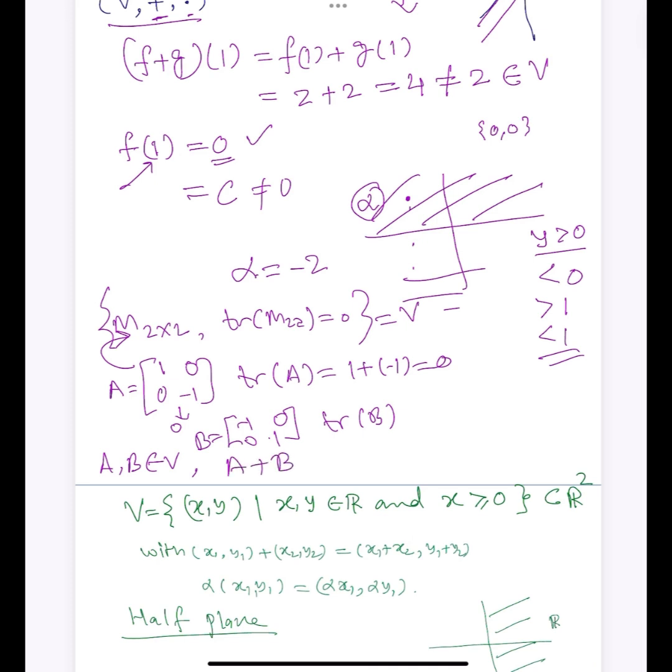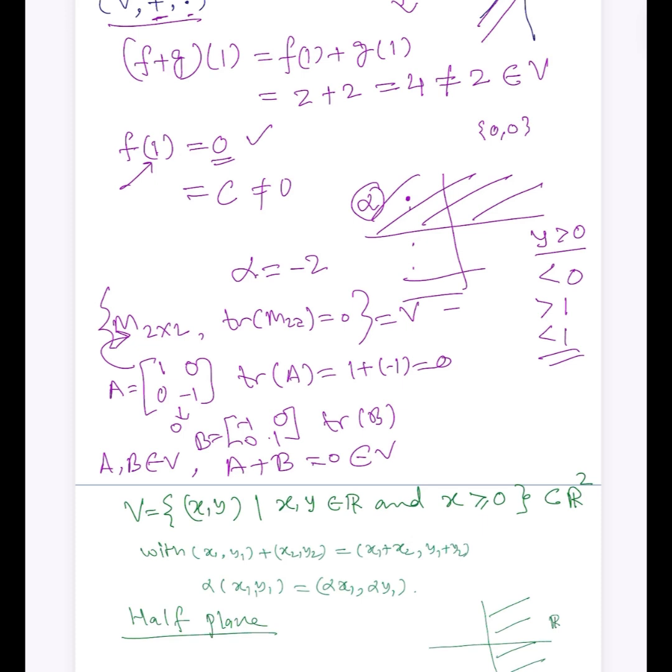When you add, the trace will be 0, so A plus B belongs to V. This also forms a vector space, because if you add or subtract, it will satisfy all the axioms.